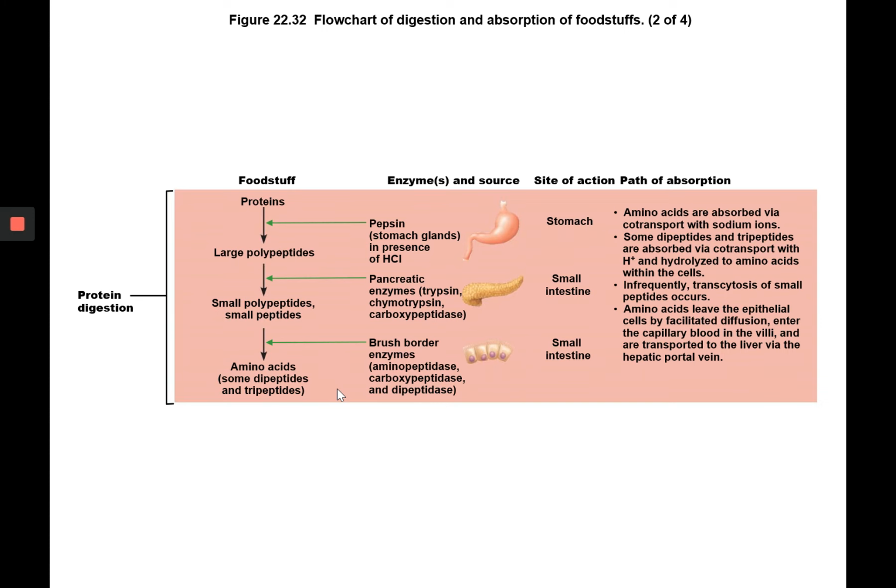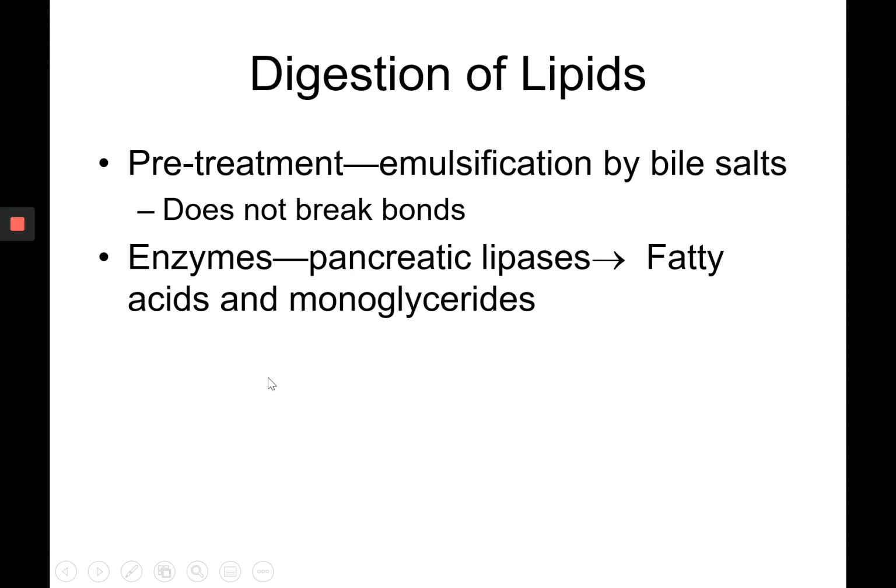Protein digestion begins in the stomach with pepsin and ends in the small intestine with our brush border enzymes. We'll see that proteins are broken down into large polypeptides, but not as large as full proteins, then to even smaller polypeptides, and finally into their monomer amino acids.